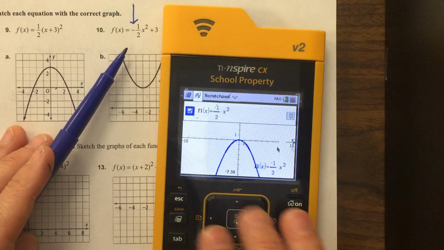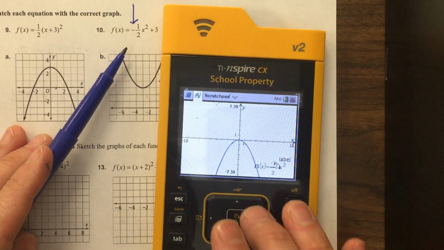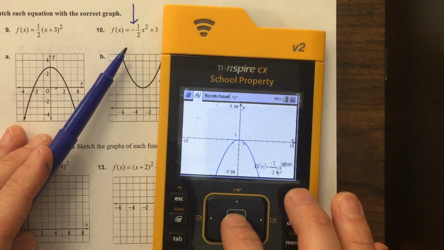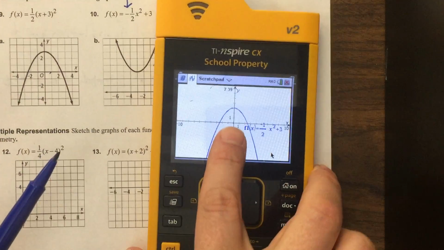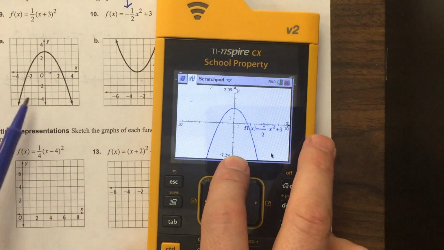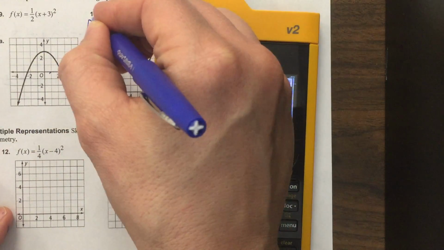Oops, I think my enter button is kind of sticky on this. It didn't let me put in the +3. So I'm going to double click on it and now put in +3. So there we have it. It did go up 3 and it is going down. It looks just like that one. Okay, so 10 is A.